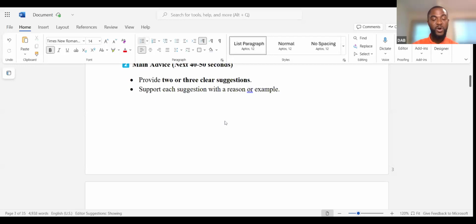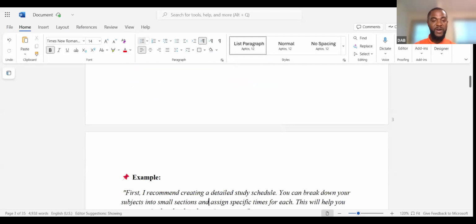Sometimes you can decide to give just two strong reasons, and that will be okay. Sometimes, if you don't have so many things to say, you can choose to give maybe three pieces of advice or suggestions.